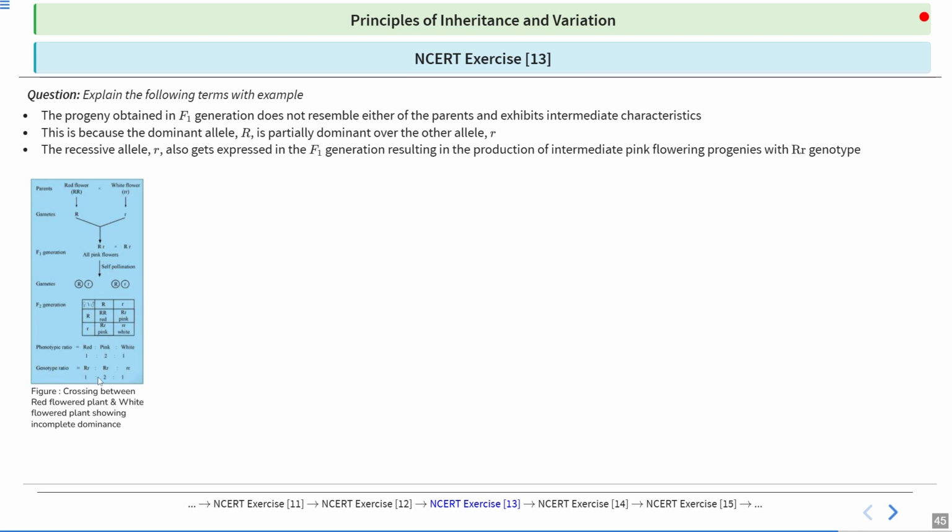And the genotypic ratio is 1:2:1. So in the phenotypic ratio, 1 is red, 2 is pink, 1 is white. Clear? So in incomplete dominance, the phenotypic ratio and genotypic ratio both are 1:2:1. So you have to remember this.